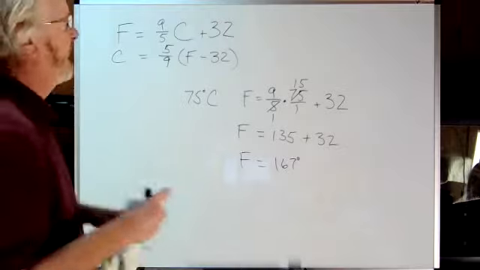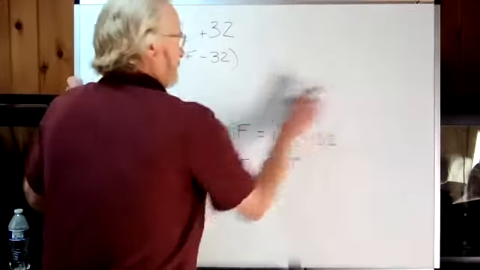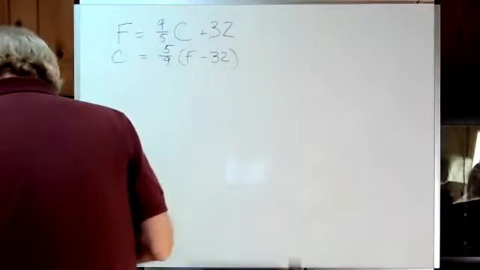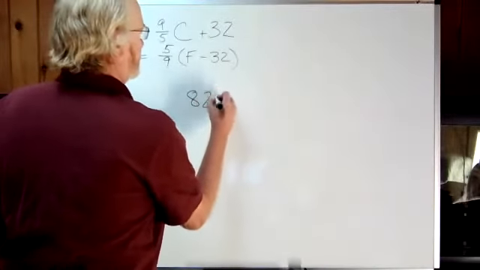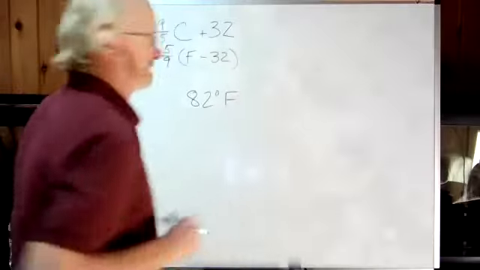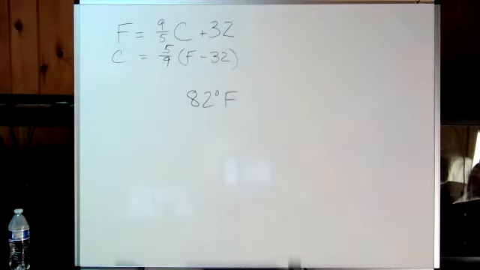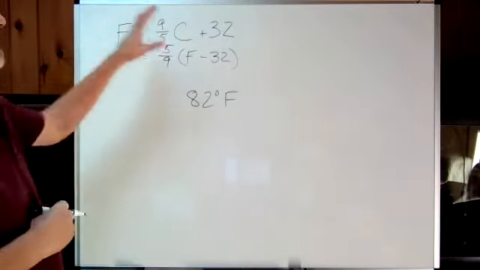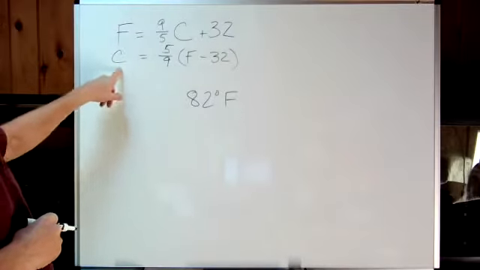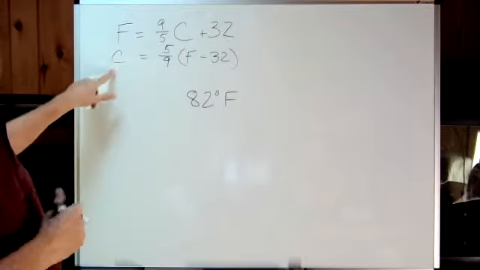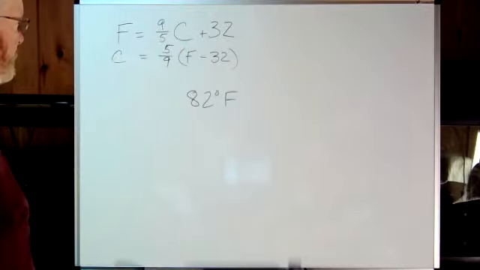Good. And going the other way around, say I've got a Fahrenheit temperature and I want to turn it into Celsius. I want to end up with Celsius, right? So I'm going to use the one that equals the C when I'm all done.